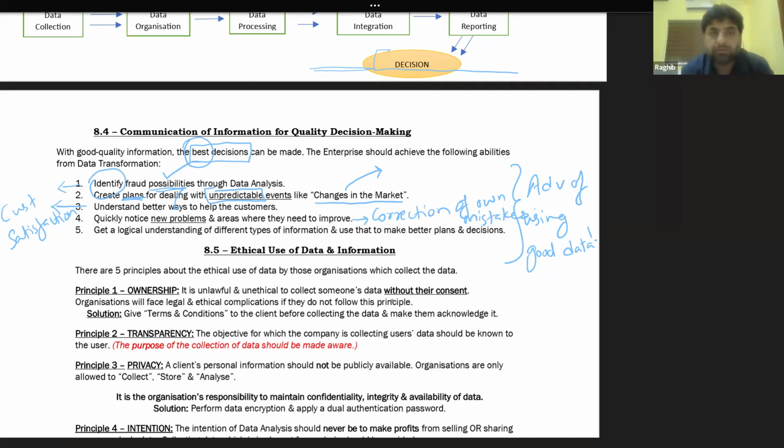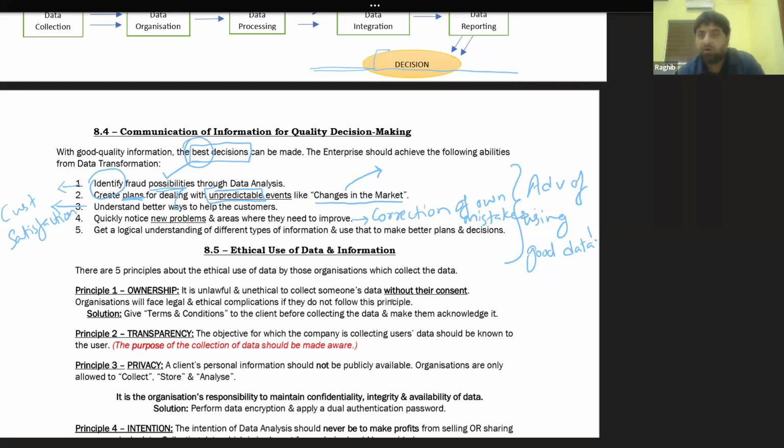See, when we are looking at the data pattern, we can come to know where our weakness is, our organization's weakness. Where are the places where we should be able to develop more? Where are the places that we are facing lots of issues?